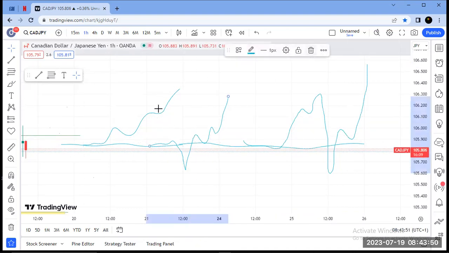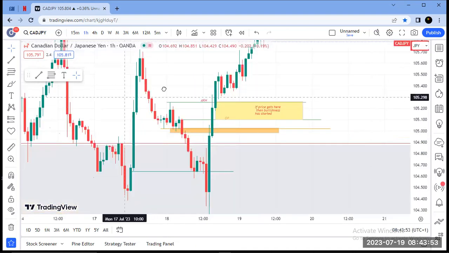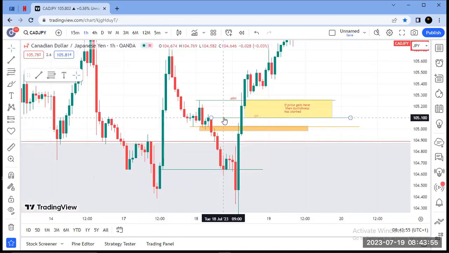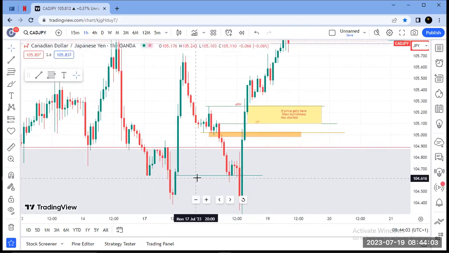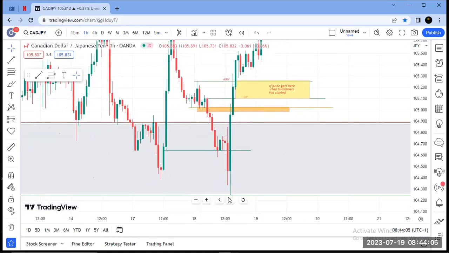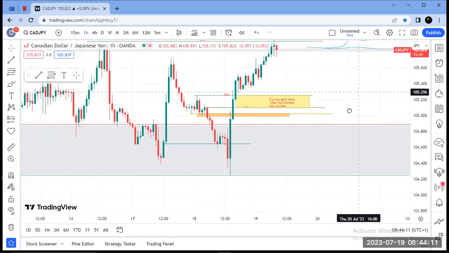So that is why I was able to see this as the opening price. If we have made this level of manipulation to the downside, then I should expect a reversal as at New York Open, the New York Open kill zone.